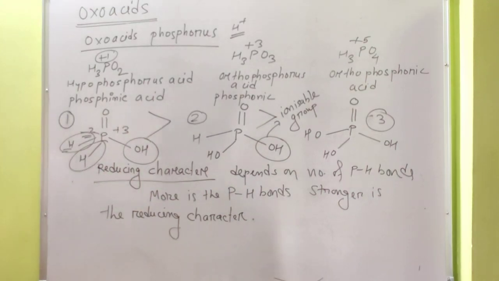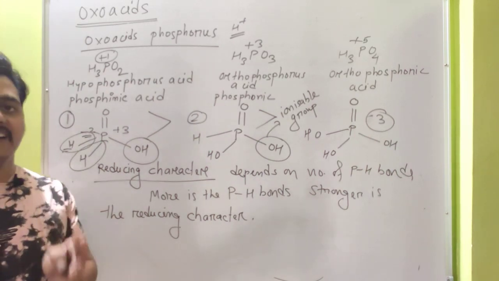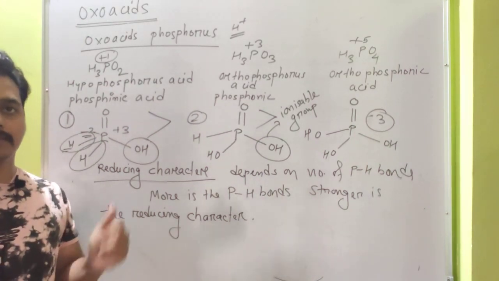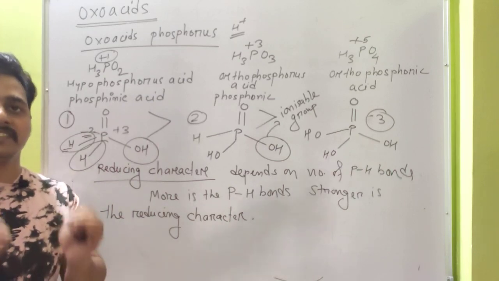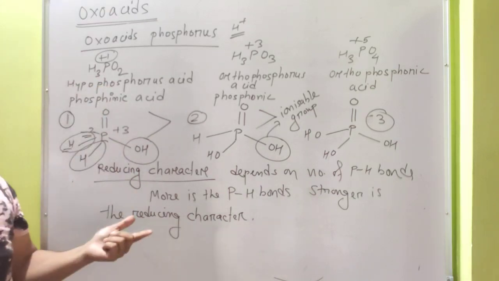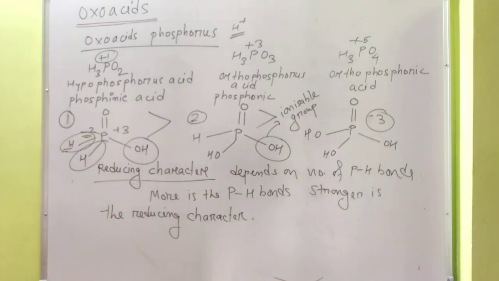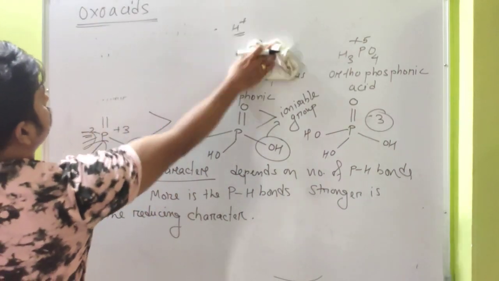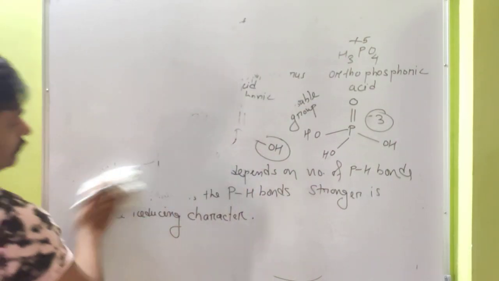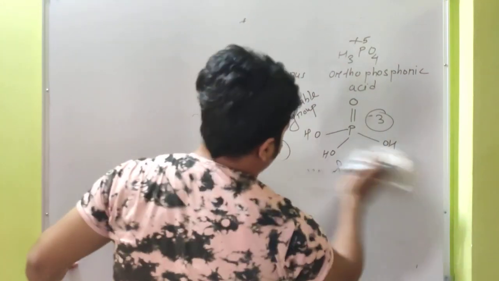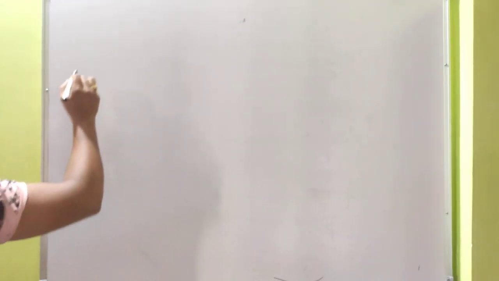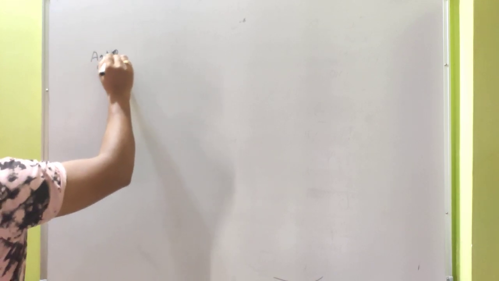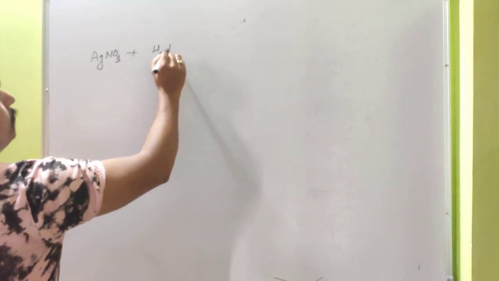Sometimes the examiner asks for an example of this. The example in support of the reducing character of H3PO2, hypophosphorous acid. Very simple example: silver nitrate plus H3PO2.